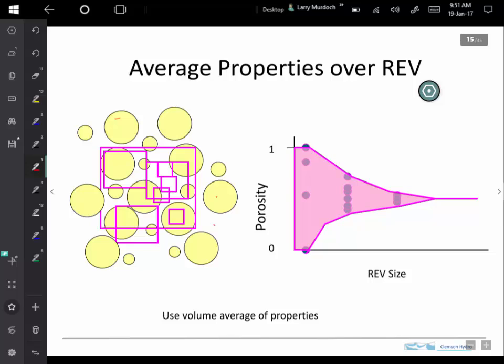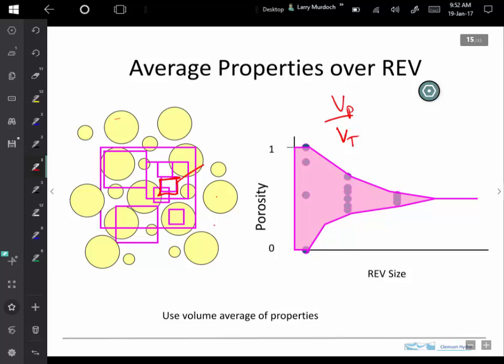So if we take one of these small pink blocks, and we're interested in just the concept of porosity, the ratio of the volume of the pores to the total volume, in this case, the REV is the total volume that we're averaging over.